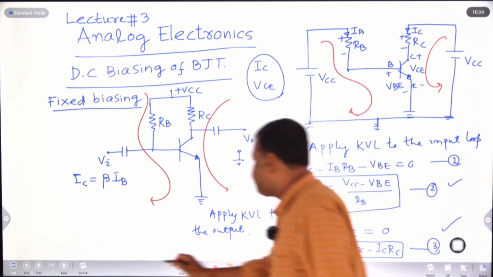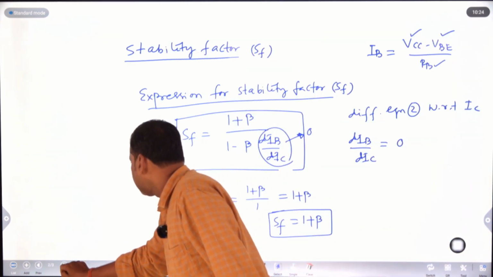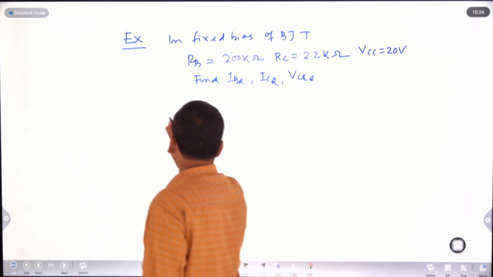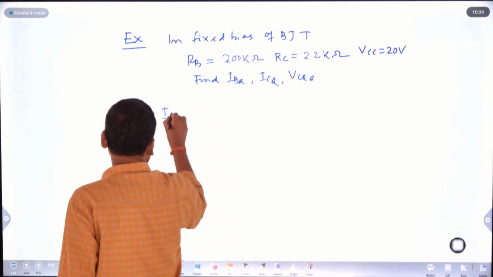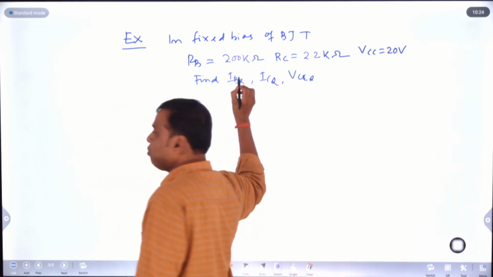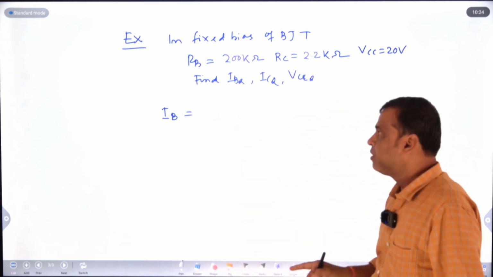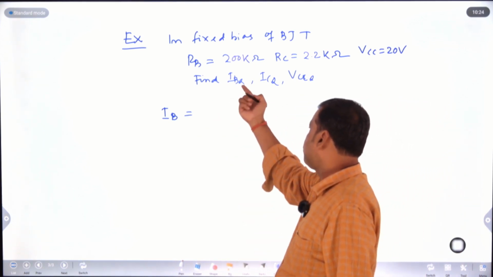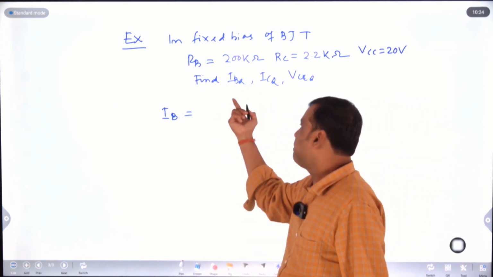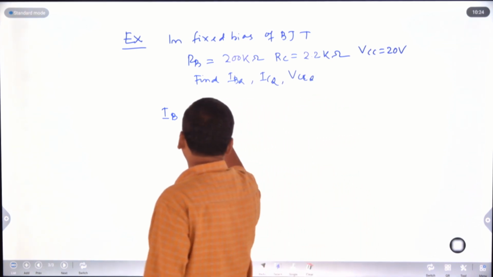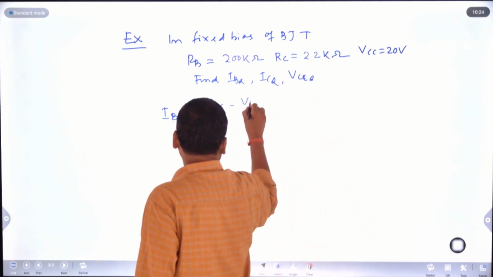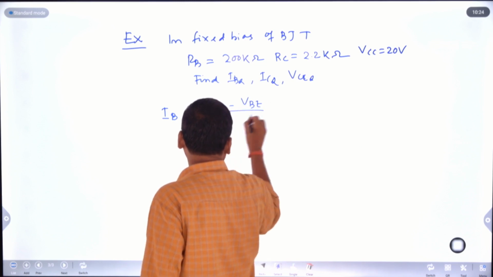So what is the IB value? IB equals IBQ. Q means the operating point, the Q point. The question may give IBQ or ask for IB. So from equation 2, IB equals VCC minus VB divided by RB.